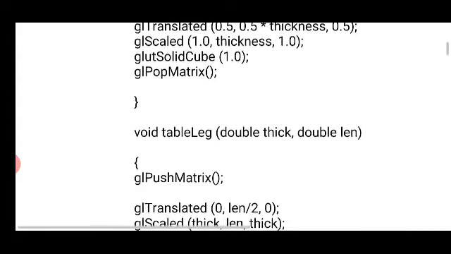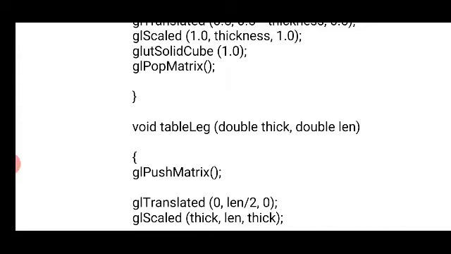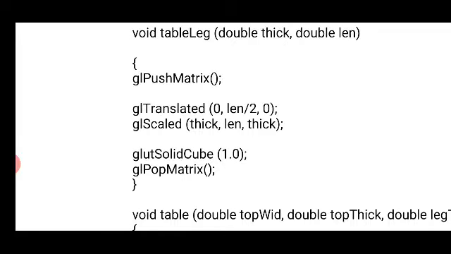Similarly for drawing table leg we have the table leg function which takes two parameters, the thickness of that particular leg and the length of that particular leg. And again here also we are going to use the glutSolidCube function.